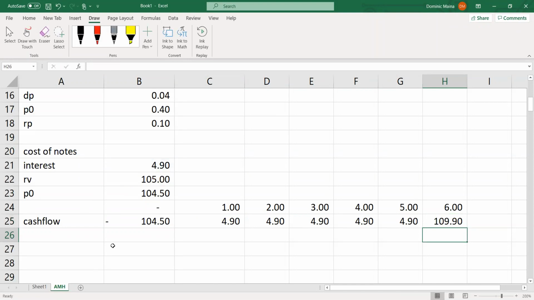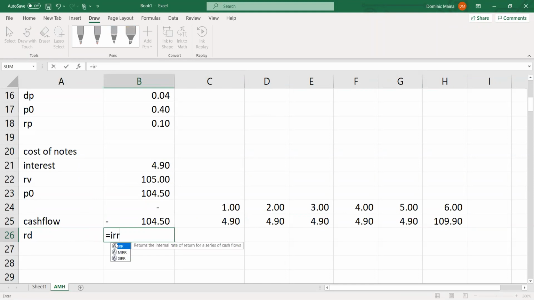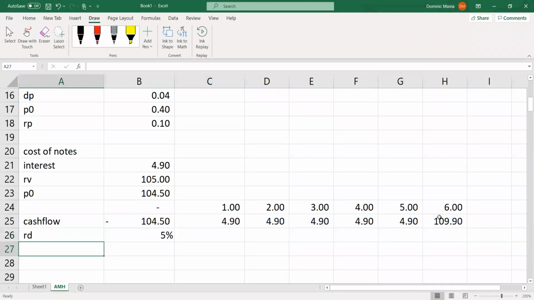Now this question looks familiar, I think we have just done it. The cost of debt RD will be equal to the IRR. So we simply use the IRR formula, first cash flow, year 0, all the way to the 6th year, and that gives the cost of debt.